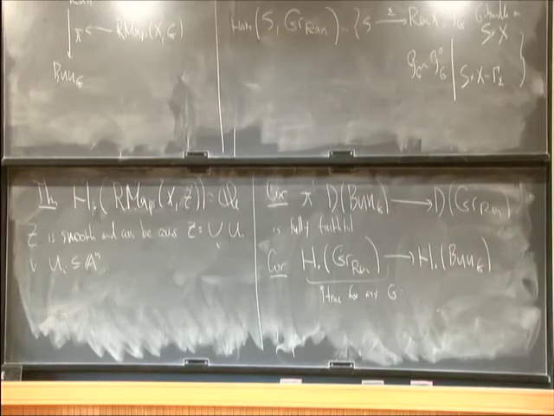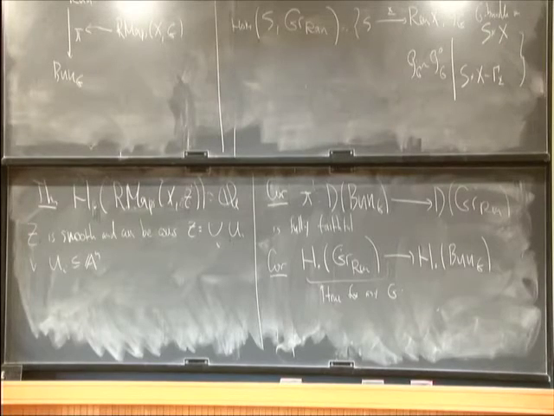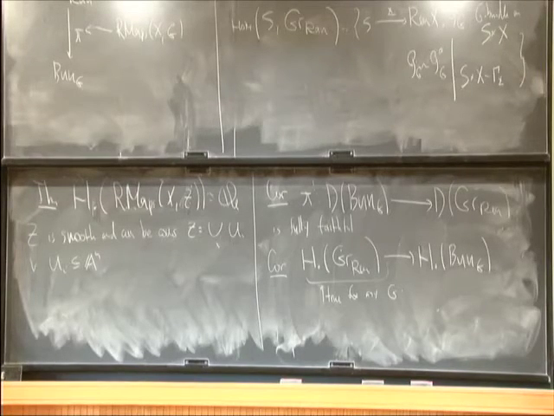So therefore, if you do p lower shriek of this dualizing sheaf on the Ran space and call it B, this is a factorization algebra. If you wish, the shriek fibers of this are the homologies of the affine Grassmannians.